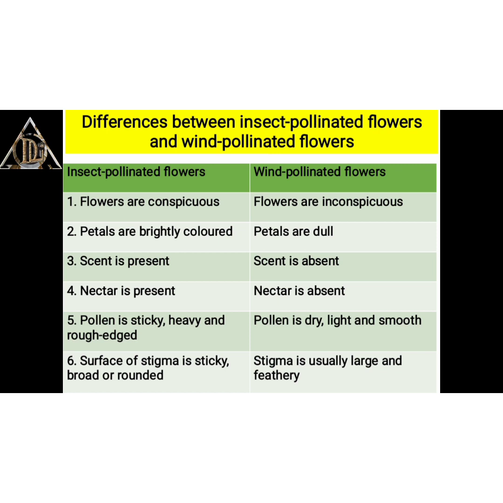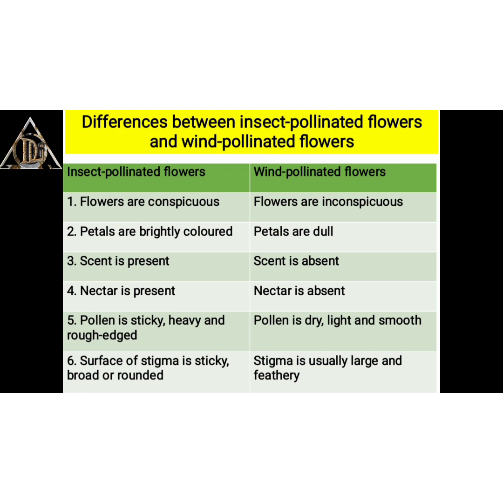That is, they are usually small and not easily seen. Number 2, insect-pollinated flowers have petals that are brightly colored, while wind-pollinated flowers have petals that are usually dull.